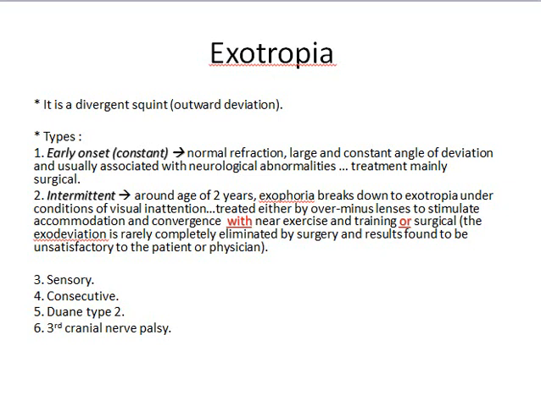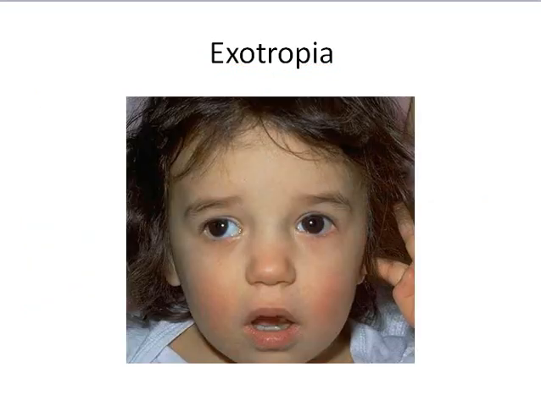Here, the exo deviation is rarely completely eliminated by surgery, and the result is found to be unsatisfactory for the patient and for the physician also. Other rare types of exotropia are sensory, consecutive, Duane syndrome type 2 and third cranial nerve palsy. This picture shows a child with exotropia.